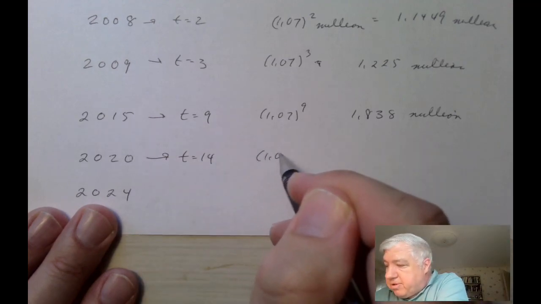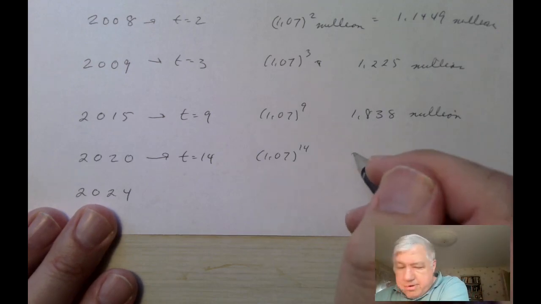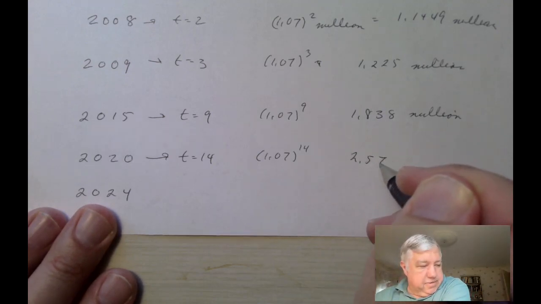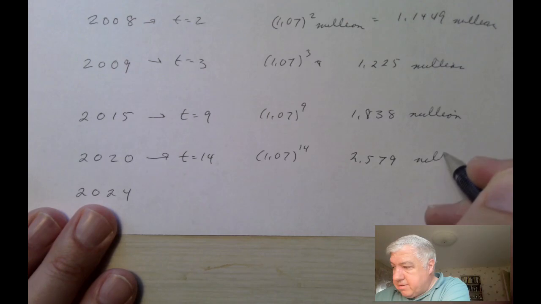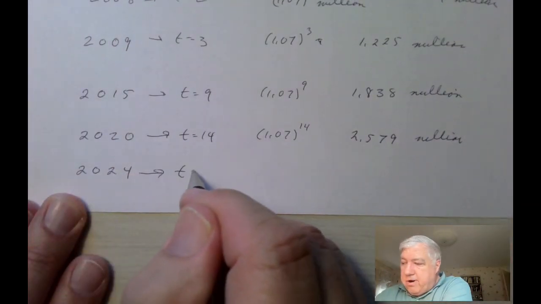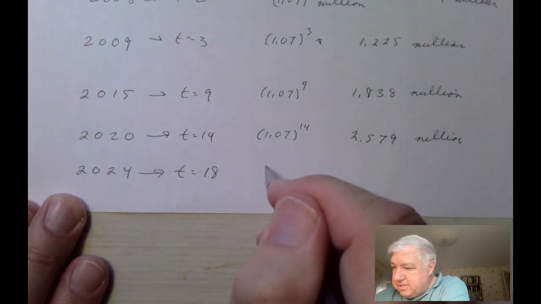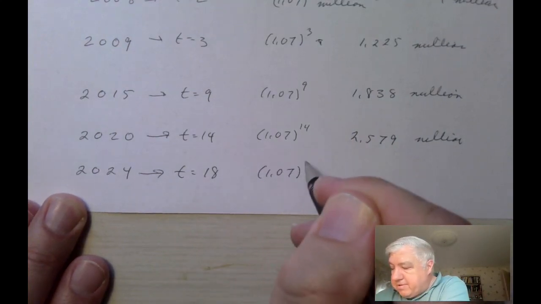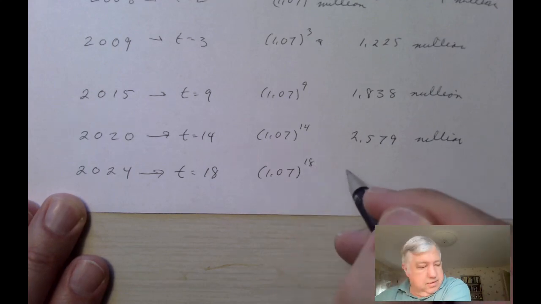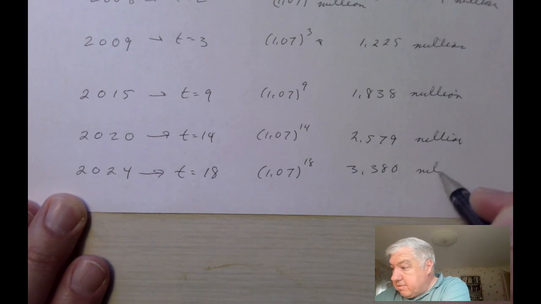So we take 1.07 to the 14th, and that is 2.579 million. And then 2024, that's 18 years from 2006. We take 1.07 to the 18th, and that gives us 3.380 million.